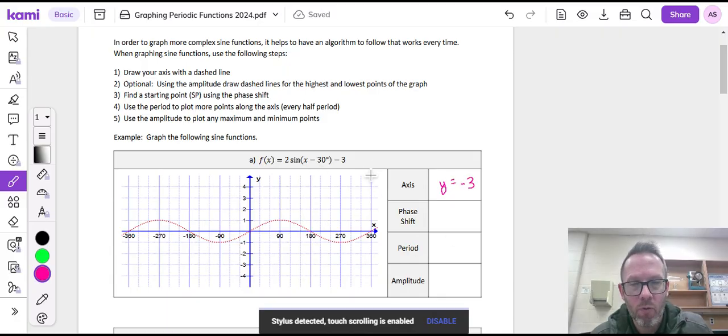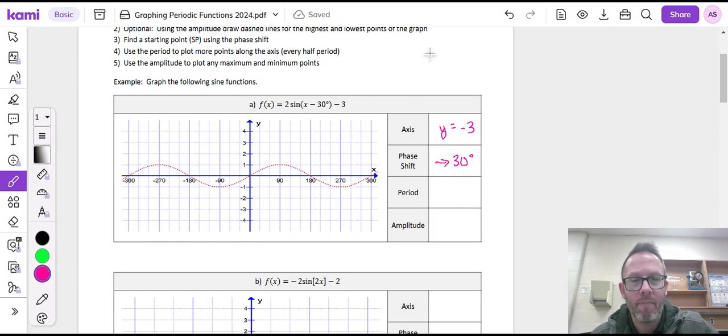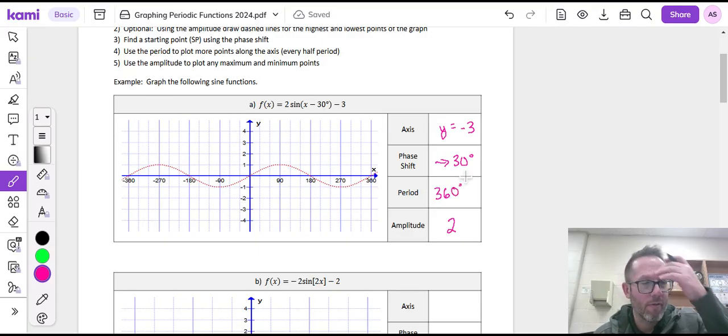I know the phase shift will be right 30 degrees because it's x minus 30 degrees inside of sine. I know that my amplitude will be 2 because I have the 2 out front. And because nothing is multiplying my x, I know that this function will have a regular period of 360 degrees.